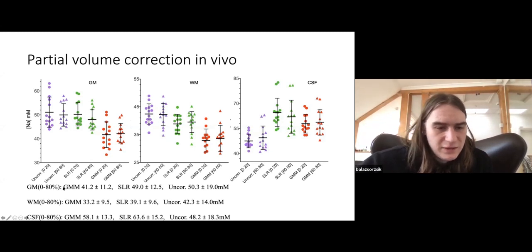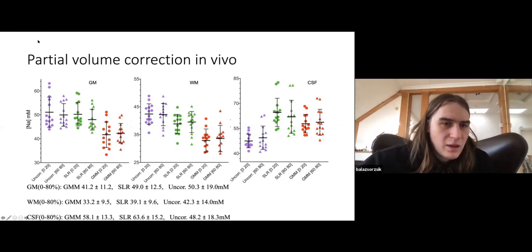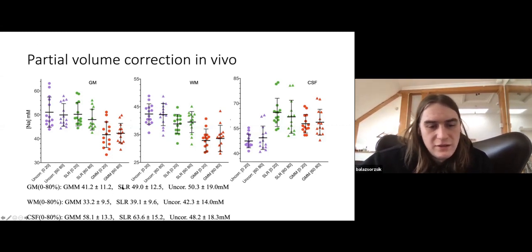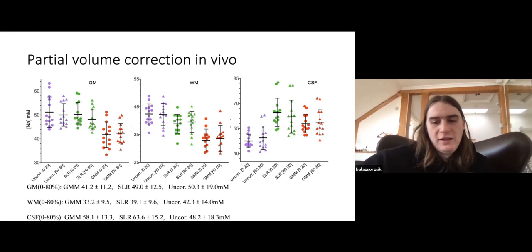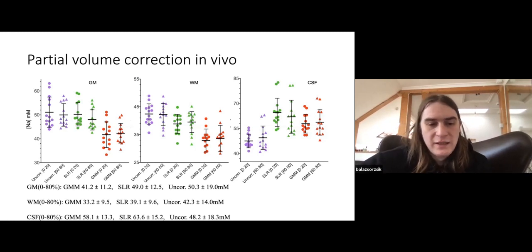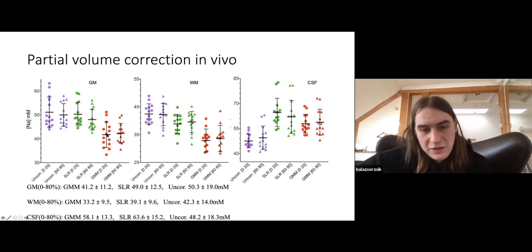So these numbers here, I put the mean and standard deviation of sodium concentration between 0 and 80% gray matter, white matter, and CSF. And as I mentioned before, when I showed the simulated data, from high field strength MRI at 7 Tesla, the estimated concentration of gray matter is around 40 millimolars, which we get on average with the GMM technique, while SLR corrects less here.